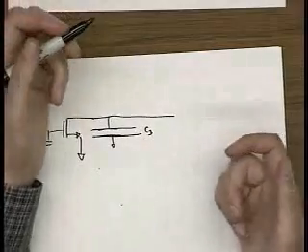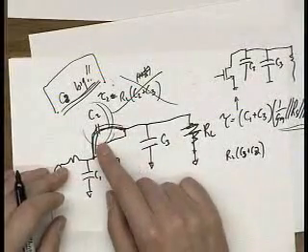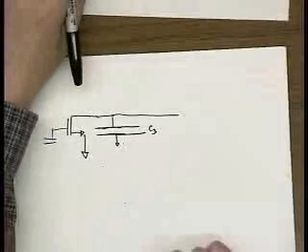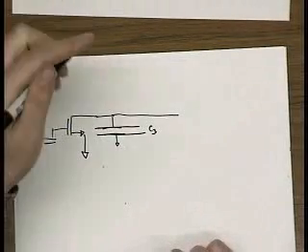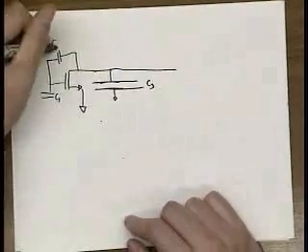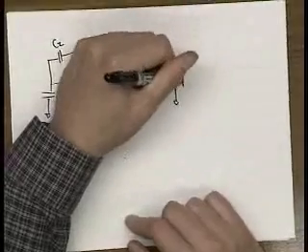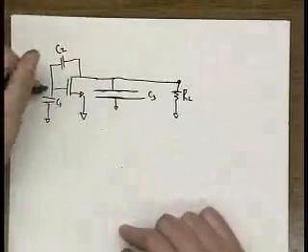Yeah, it is a diode connection. You're connecting the gate and drain. Okay, so now C1, C2, and I drew C3 to be particularly large.